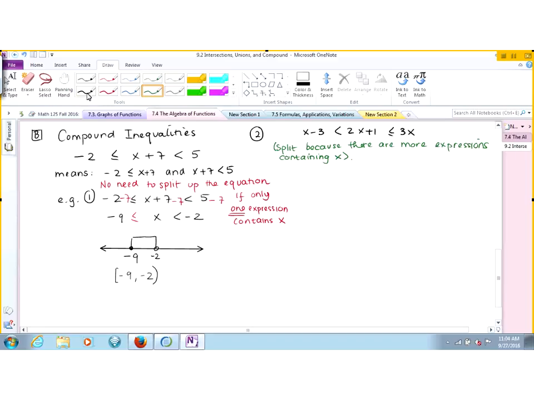How do I split it up? Okay, and then what word do I use? And 2x plus 1. All right. So you have to split it up this way, and then you can solve, right? Okay. Can you try it?